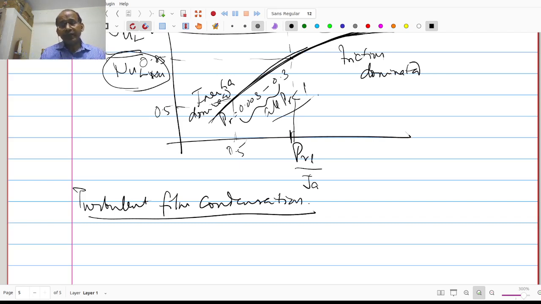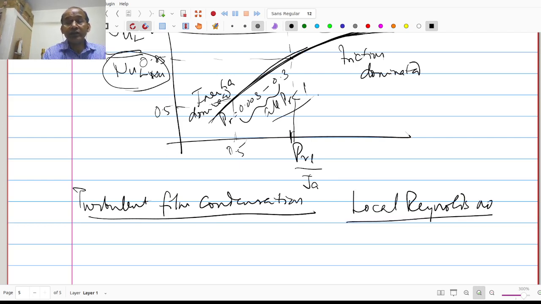So Bejan's analysis of turbulence uses the local Reynolds number in the boundary layer.